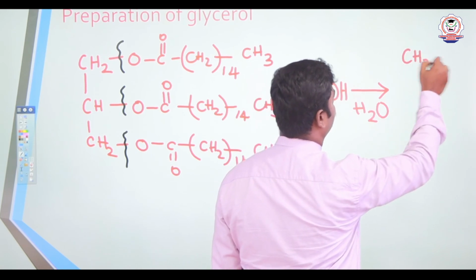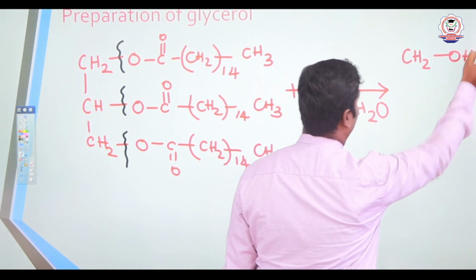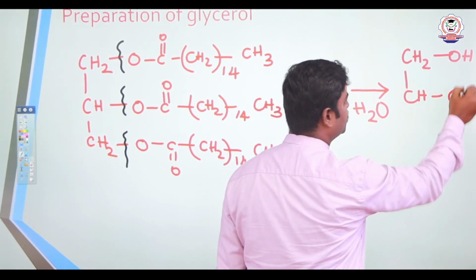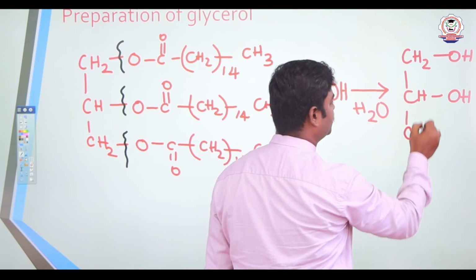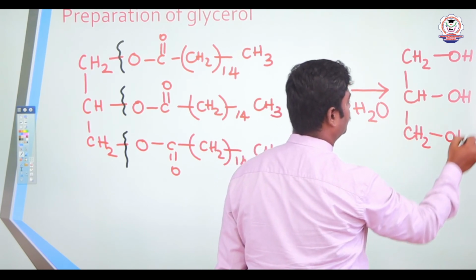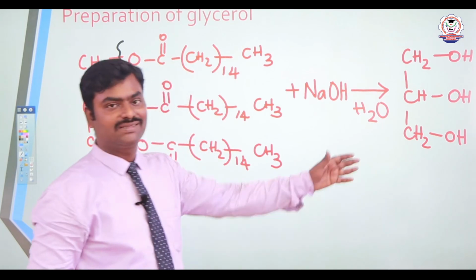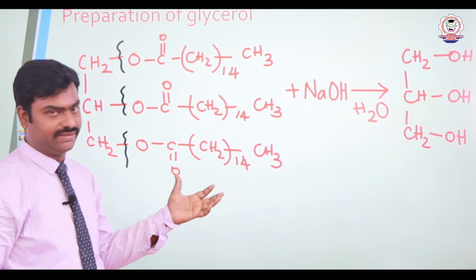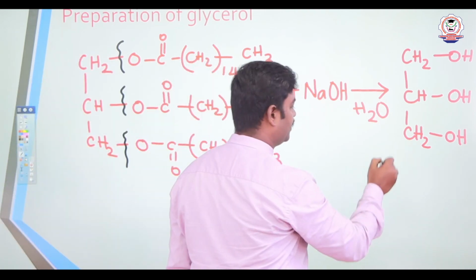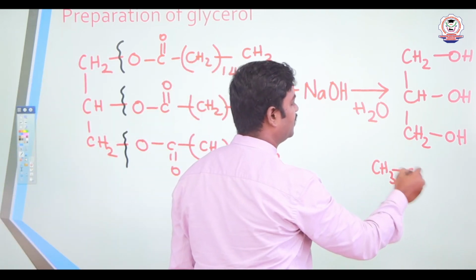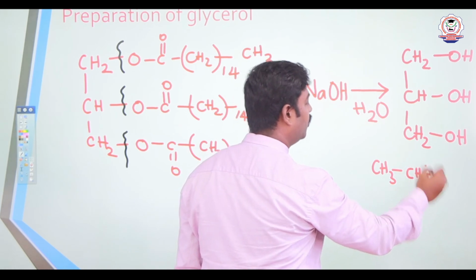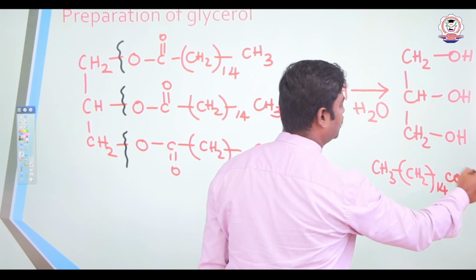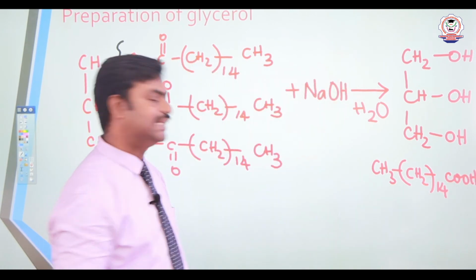CH2OH, and then the center carbon has only one hydrogen, CHOH, CH2OH. This is a triol. What about the byproduct? Yes, the byproduct is an acid, that is nothing but CH3, CH2 14 times, and then COOH. This is known as palmitic acid.